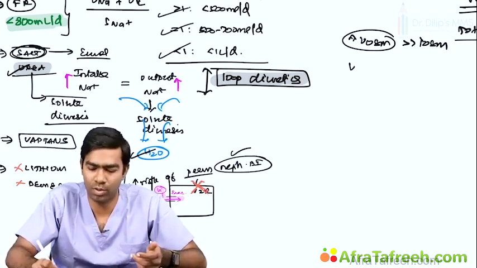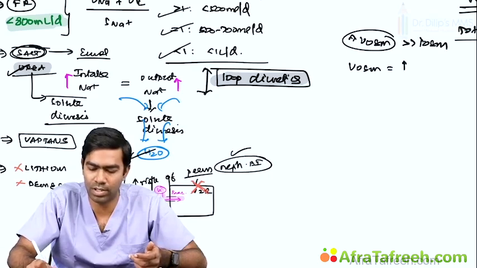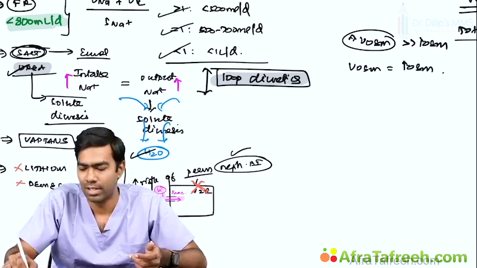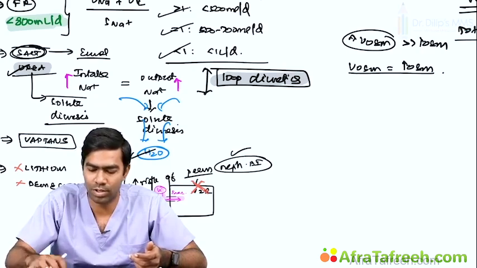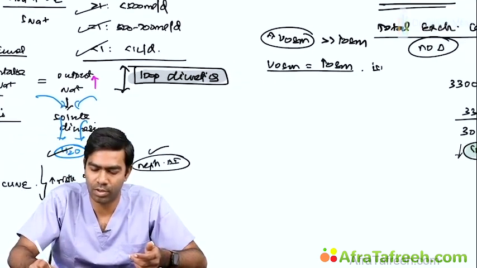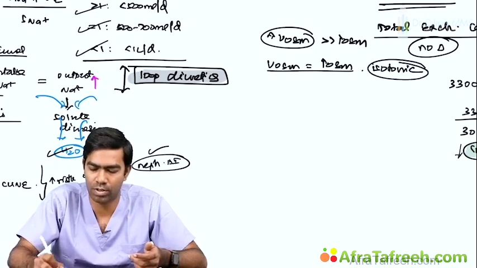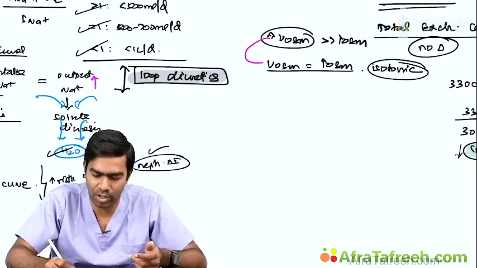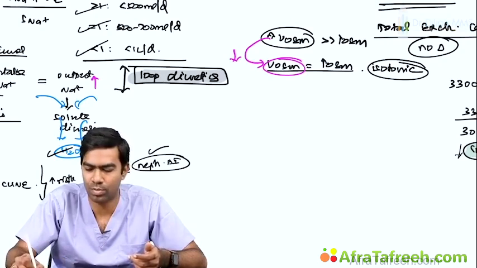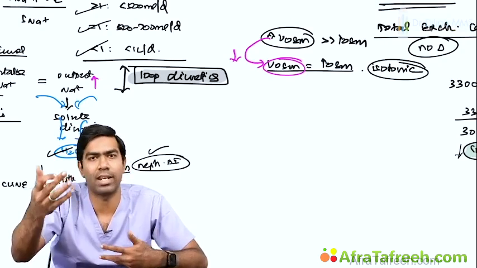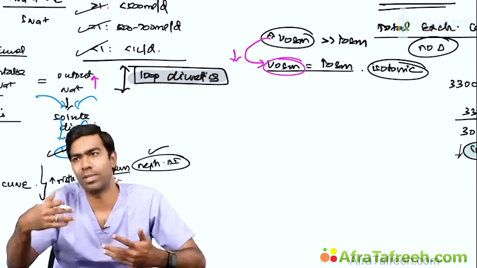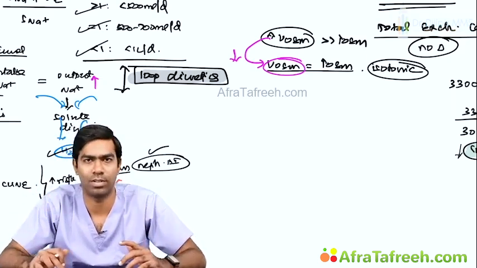What loop diuretics tend to do is equalize the urine osmolality with the plasma osmolality, which means they produce isotonic urine, or isoosmolar urine. So what loop diuretics are doing here is reducing the urine osmolality from a higher range to equal to plasma osmolality.